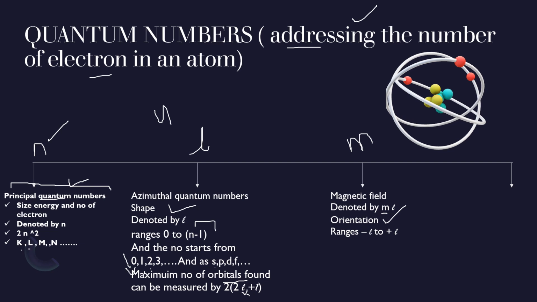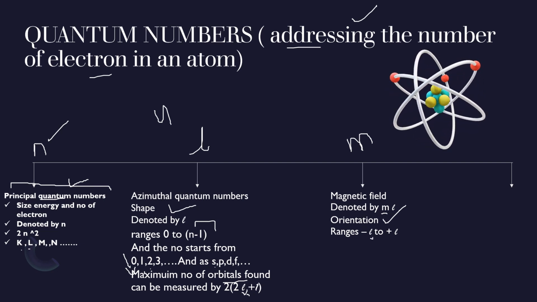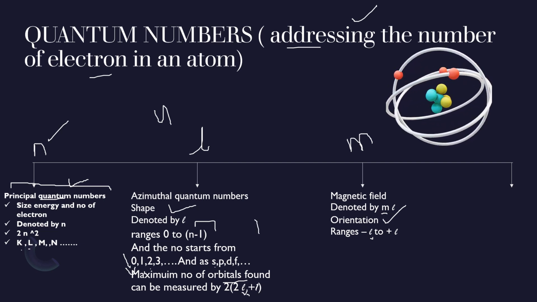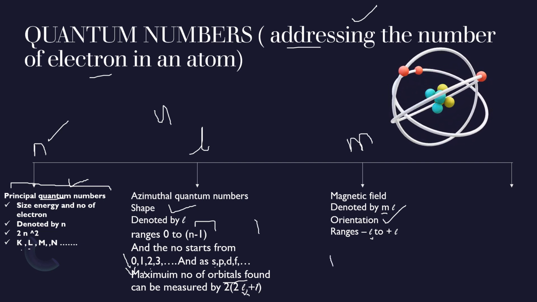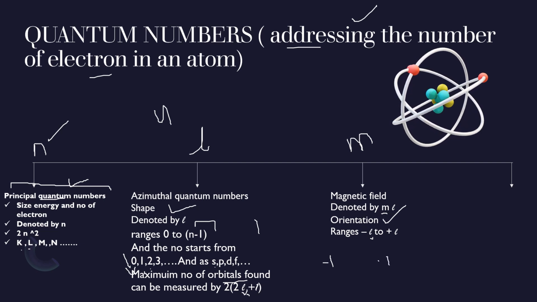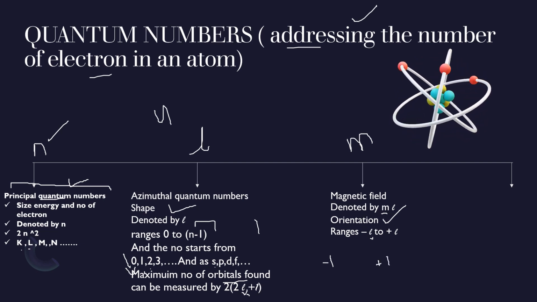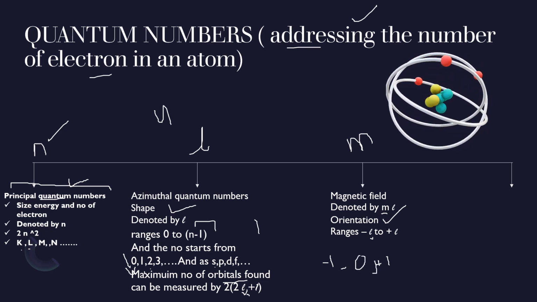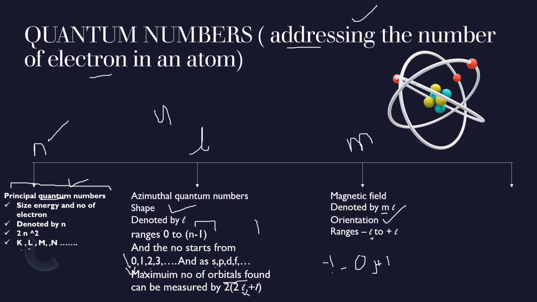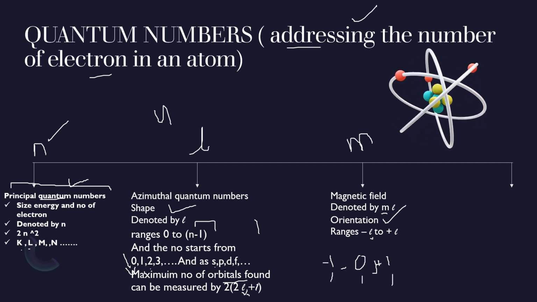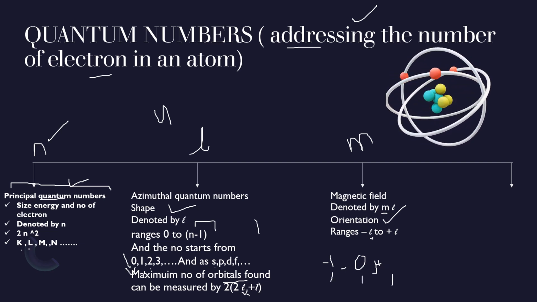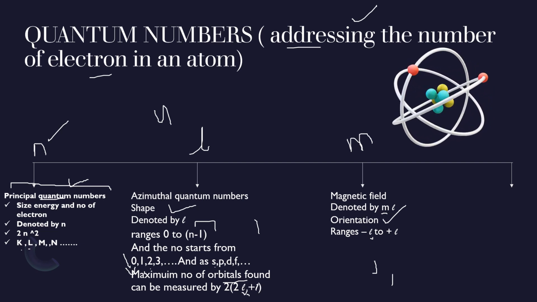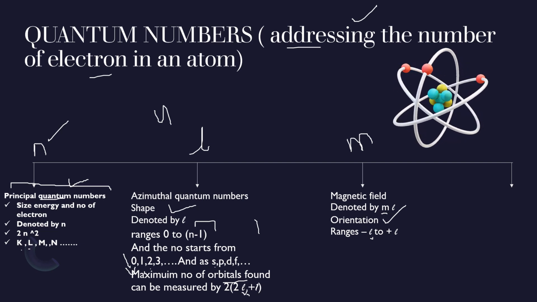If we are finding it for the azimuthal quantum number of 1, we find the values from -1 to +1. From -1 to +1 there are -1, 0, and +1. Now we count the total values: 1, 2 and 3. So the p shell has 3 orbitals in it.